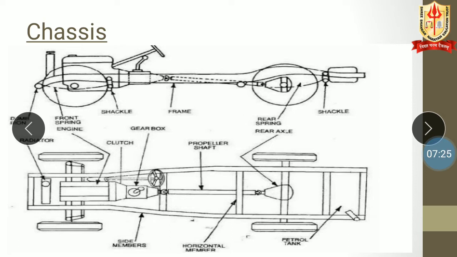What are the main components of the chassis? The chassis here is a ladder type chassis, having these longitudinal members. This is called longitudinal members. This is the cross member, which can also be called horizontal members. This can be called a side member. In other words, this is longitudinal, this is cross member or horizontal member, or this is side members.